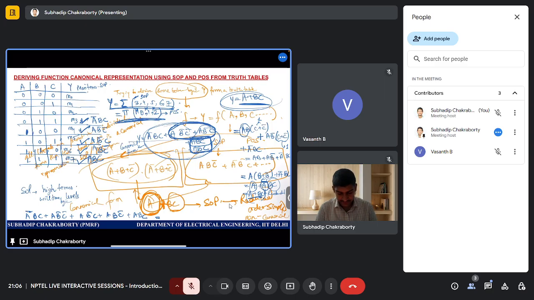We did the combination of these terms: AB and then C plus C bar, and then AB bar, again C plus C bar, plus A bar BC. And then we took A common, and B plus B bar was 1, A bar BC, and we got A plus BC, right?